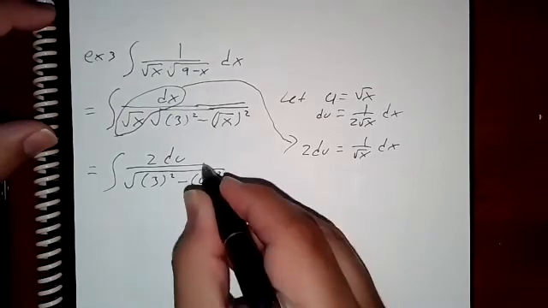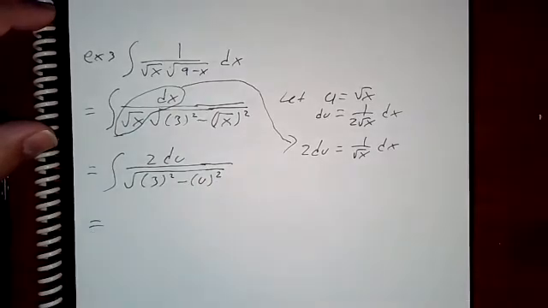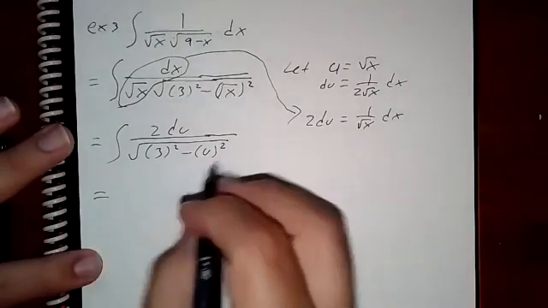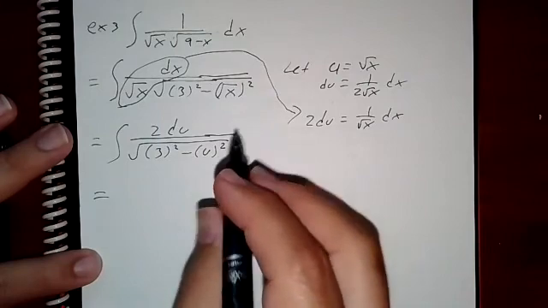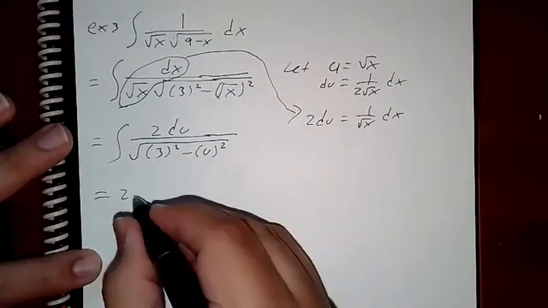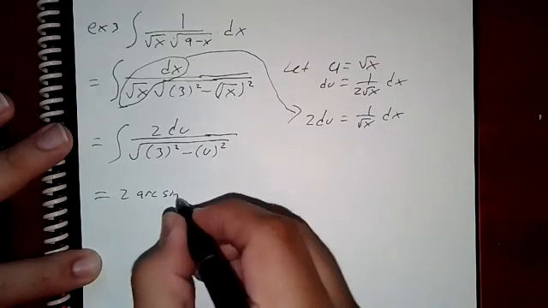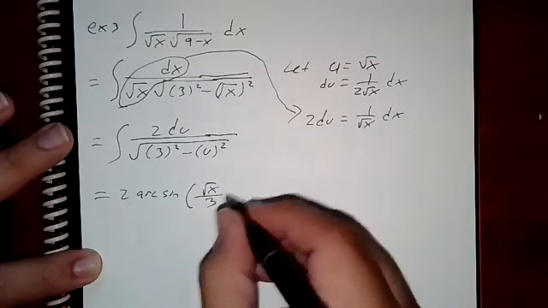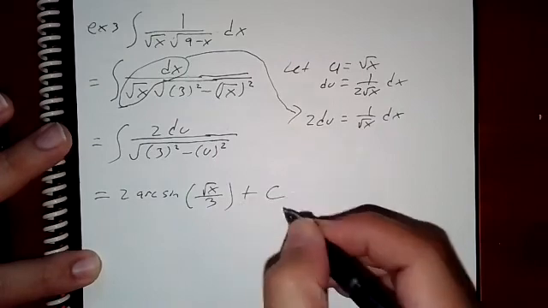So now it's ready to apply the formula. So sometimes you have to do a substitution before you apply the formula. So this will become 2 arcsine of square root x over 3 plus c.